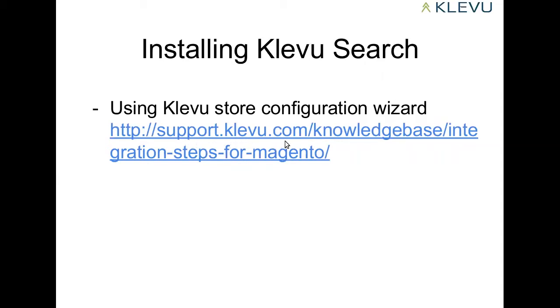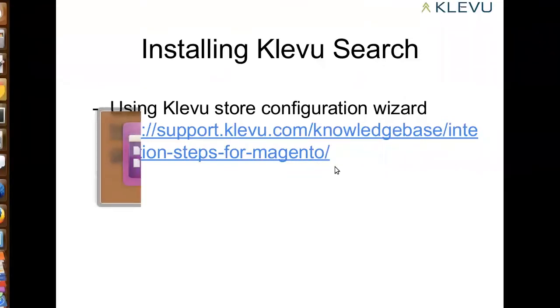support.klevu.com is a site where we have extensive information available on different things that you can do with Klevu Search. And one of the pages is how do you integrate Klevu Search in Magento.